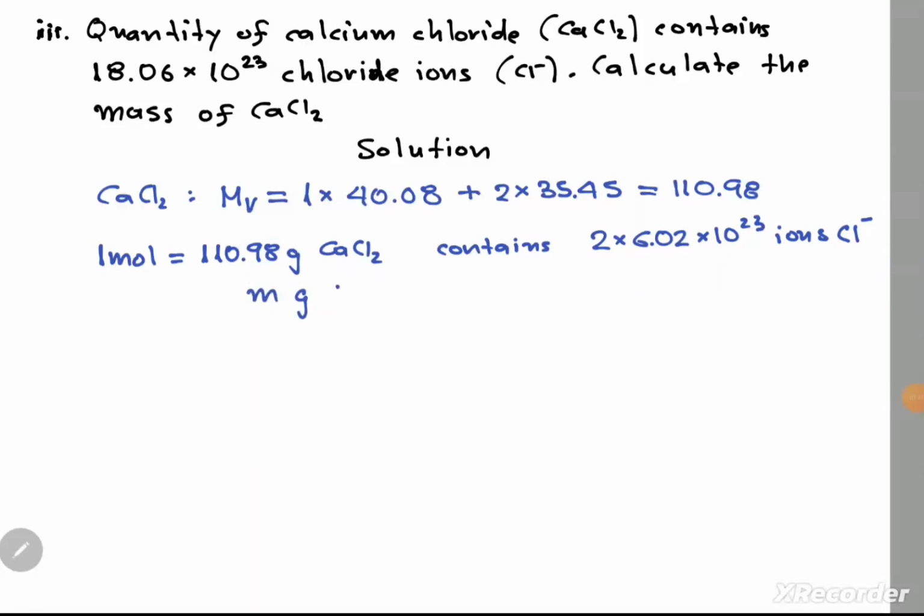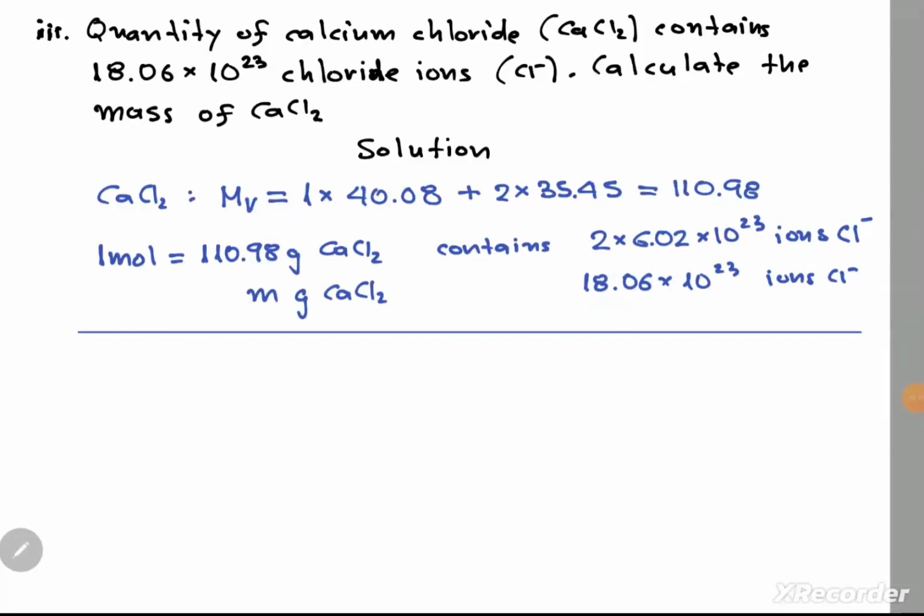We ask for the mass of the chemical compound and we know the number of ions. So we have the relationship which allows us to find the mass.